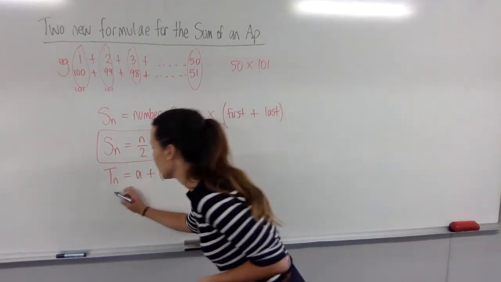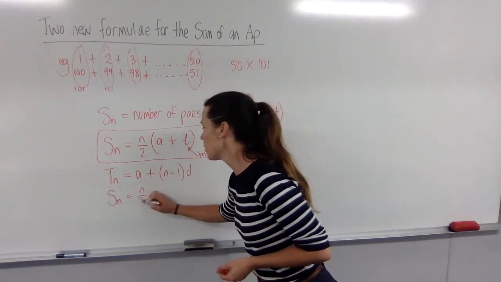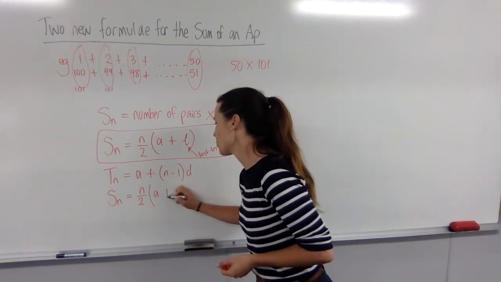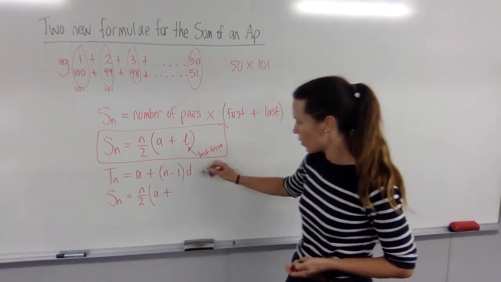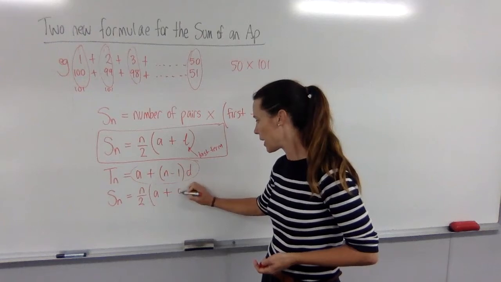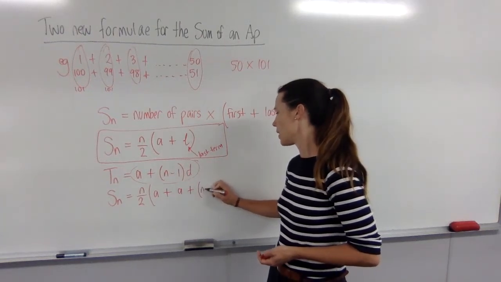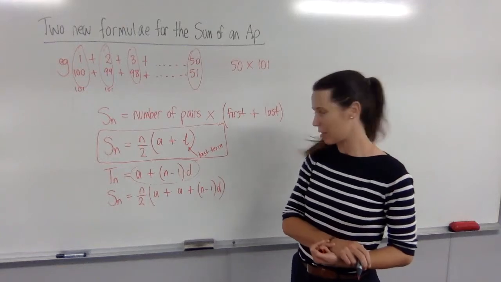Okay, let's have a go. Let's rewrite this equation, n over 2 times first plus, now instead of writing L for last, what if we wrote all of this for the last term? So we need to write a plus n minus 1 d, and we'll have all of that.